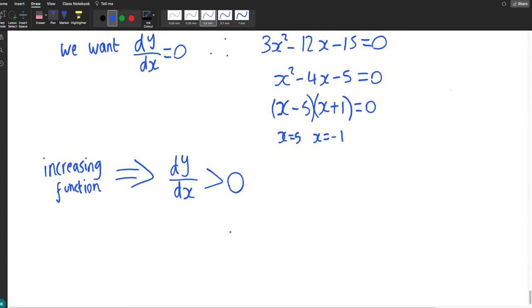Our gradient function was indeed 3x squared minus 12x minus 15, and we want that to be greater than 0.